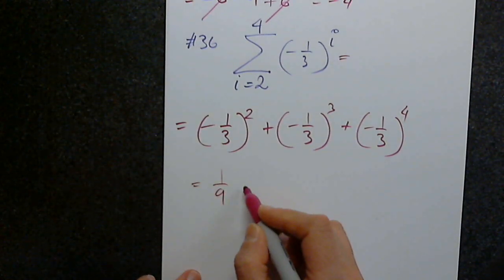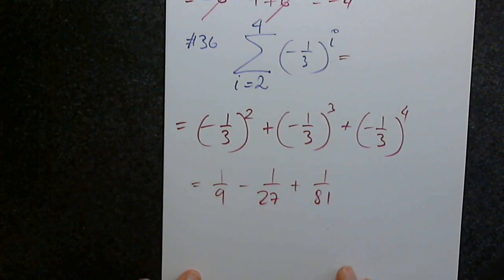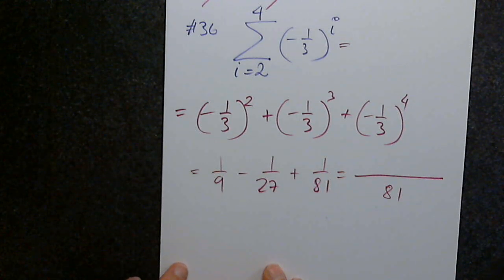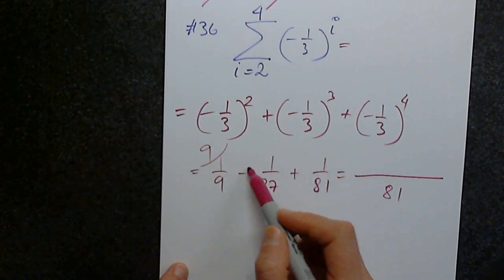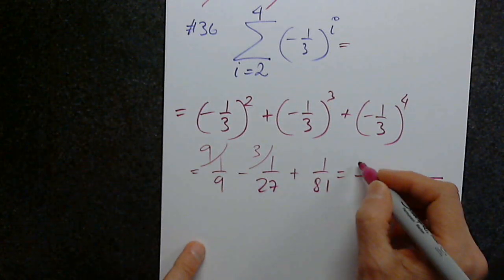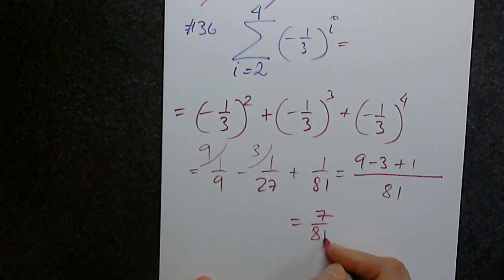So 1/9 minus 1/27 plus 1/81. 81 is the least common denominator. So 9 minus 3 plus 1. 10 minus 3 is 7. 7 over 81. Now with a graphing calculator.